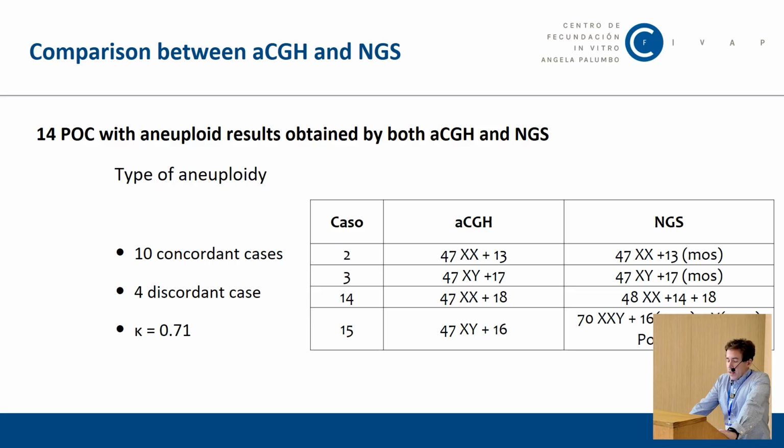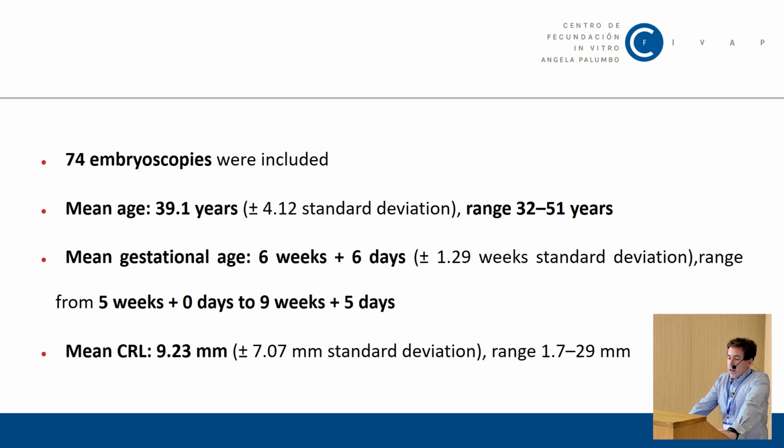And when we analyze the 74 embryoscopies that we included, the mean age was 39 years old, with a range between 32 and 51 years. The mean gestational age was 6 weeks and 6 days. The range was from 5 weeks to 9 weeks and 5 days.